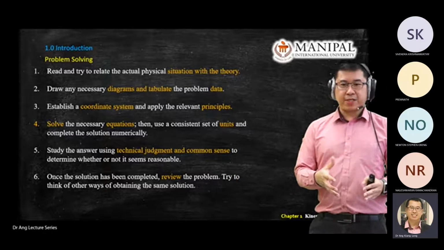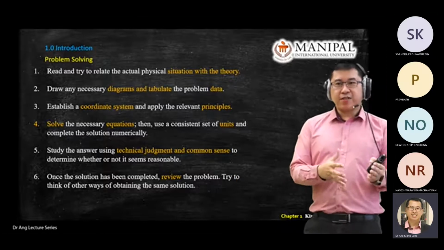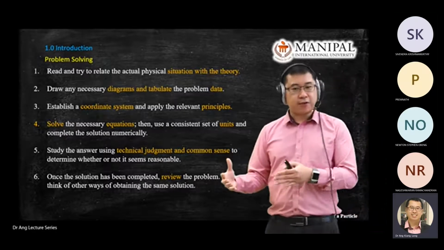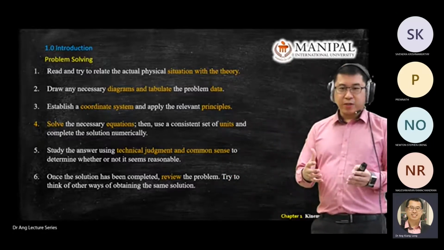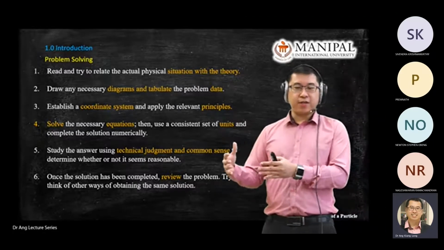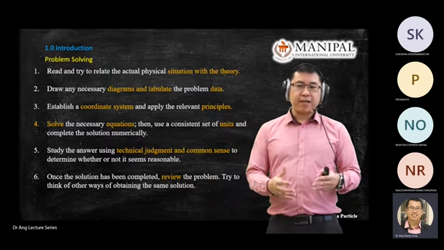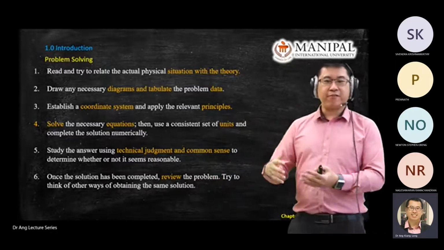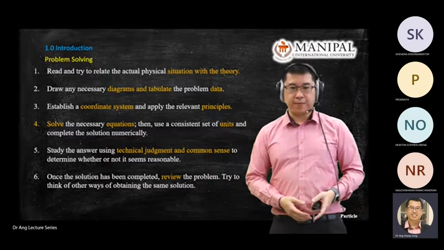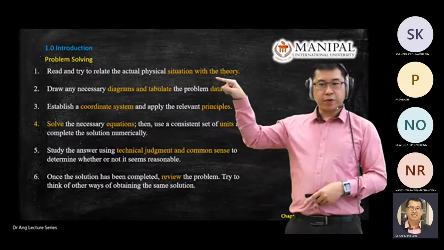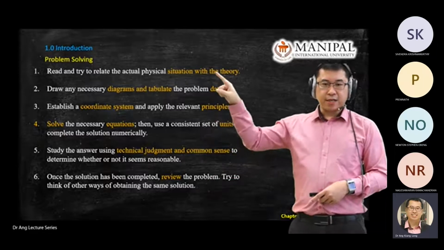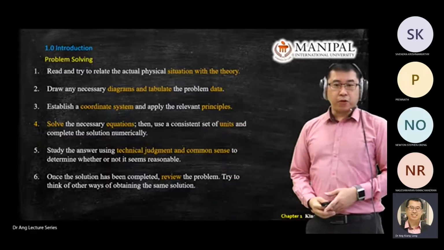So you don't mix chapter 1 answer with the chapter 6 answer. When a question asks you chapter 1, you don't answer with what you learned in chapter 6. If you've been asked about force, you don't give answer in moment, for example. So these are the recommended steps, and we will keep using these 6 steps throughout the module.